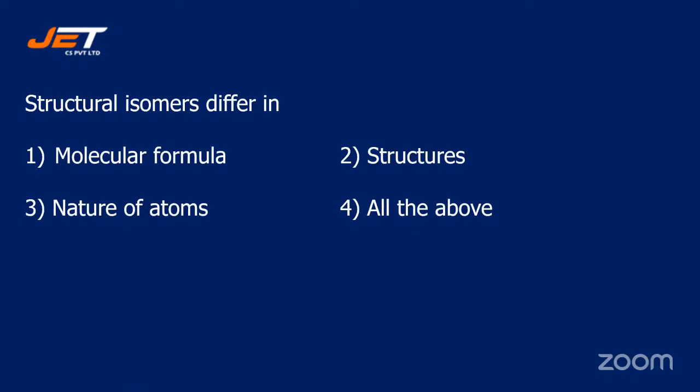Structural isomers differ in: option number 1, molecular formula; option number 2, structures; option number 3, nature of atoms; or option number 4, all the above? Quickly drop your answers in the chat box.